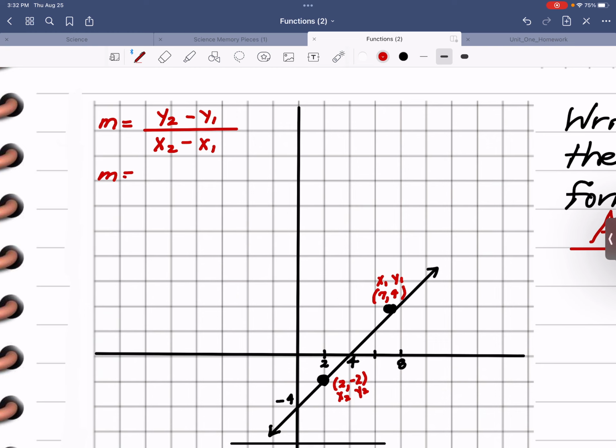And I did already label some points, so let me just bring those in here. x2 I said was 2. Those go on the bottom. x1 is 7. Then the y's on the top. I have -2 minus 4.